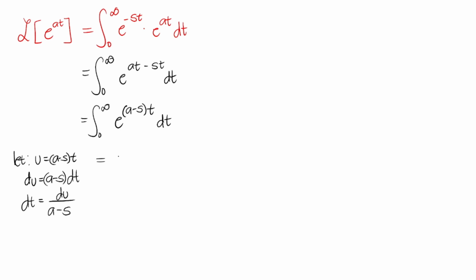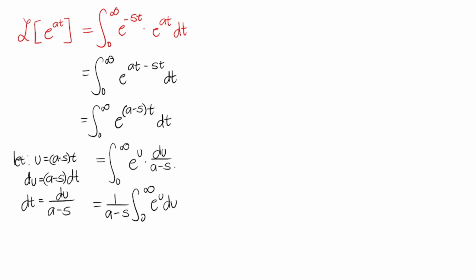So, it's equal to the integral from 0 to infinity of e raised to u, since nag-substitute na tayo ng variable. And then dt is equal to du over a minus s. Then, para hindi na tayo mahirapan, let's factor this out of the integral sign. So, we will have 1 over a minus s integral from 0 to infinity of e to the u du.